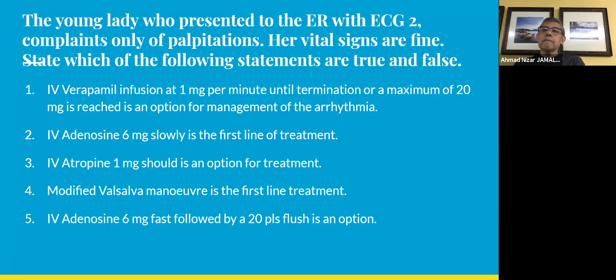So if you're giving it this way, 1 milligram per minute, and the SVT terminates, then you stop the IV verapamil infusion. Do not continue. You stop. So that is true.